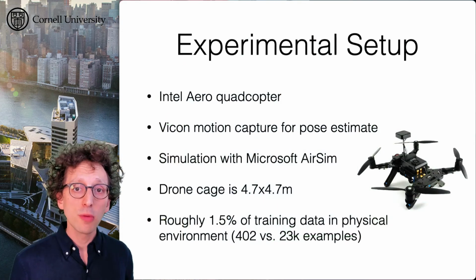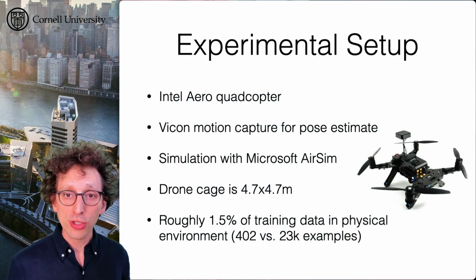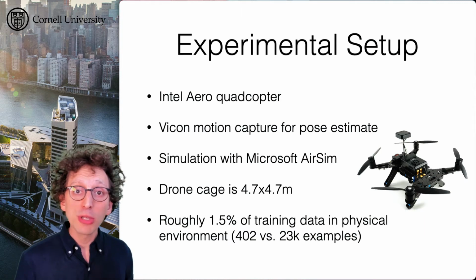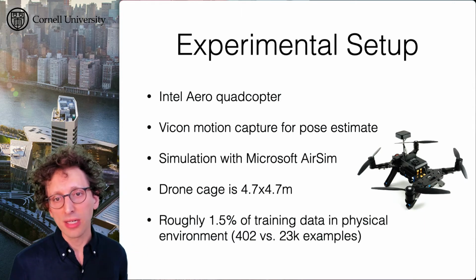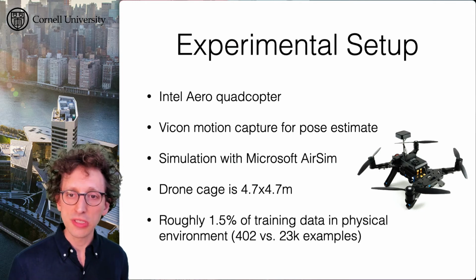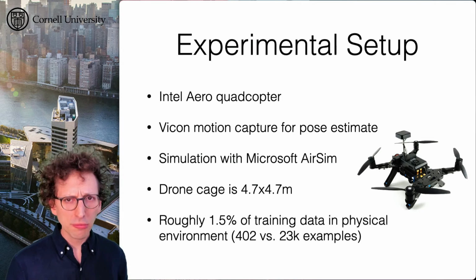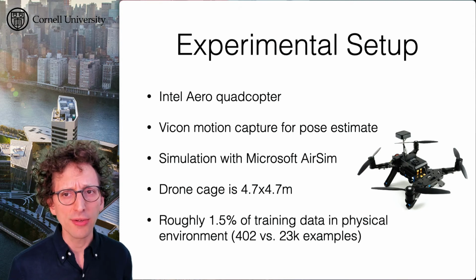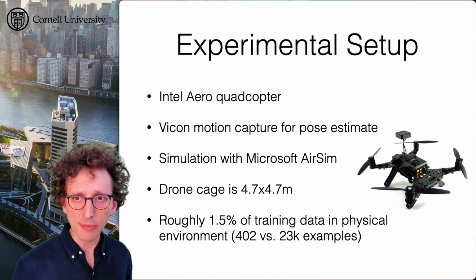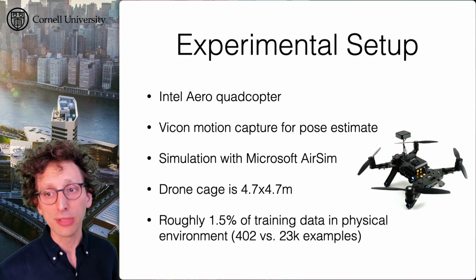For our experiments, we use an Intel Aero quadcopter, a Vicon motion capturing system for pose estimate, AirSim for simulation, and roughly 1.5% of the training data is in the physical environment, so 400 examples versus 23,000 in the simulation. So we really don't need that many demonstrations in the physical environments for effective learning.